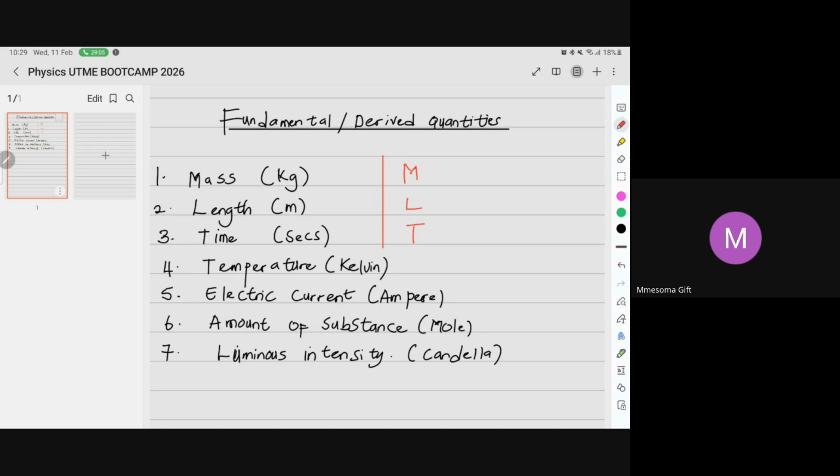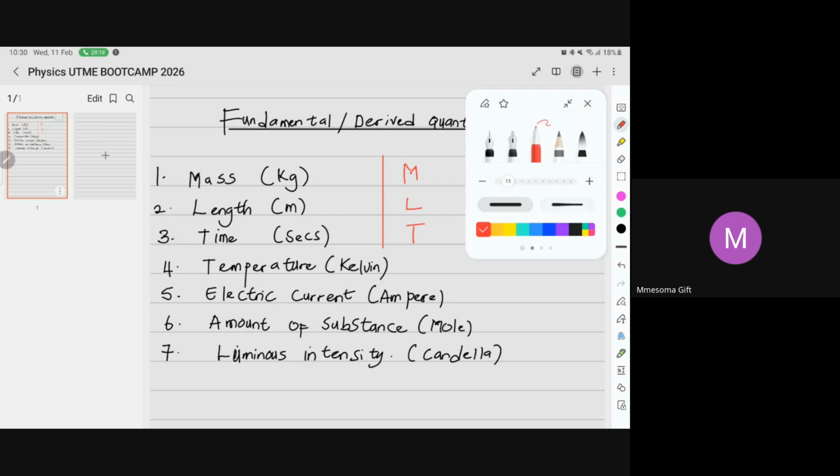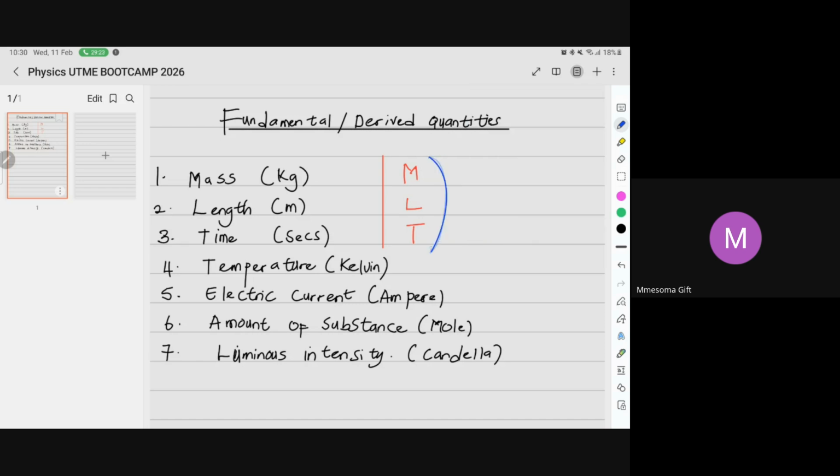When you start doing dimensions, MLT: M represents mass, L represents length, and T represents time. We'll be making reference to those three when it comes to dimensions in physics. I'm going to come back to that later on.